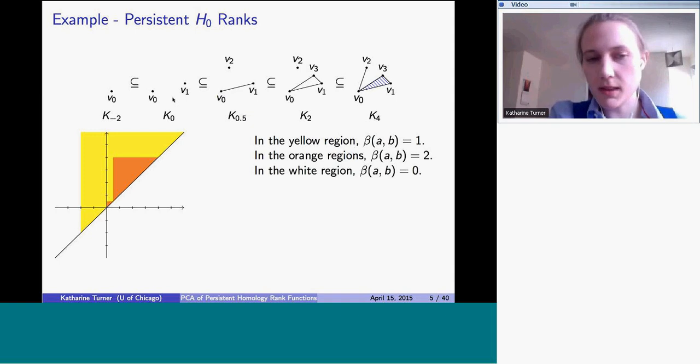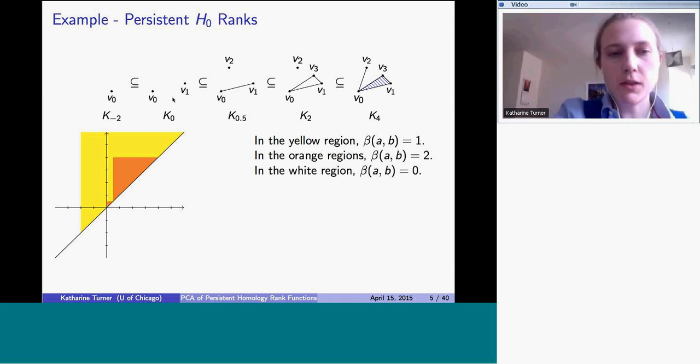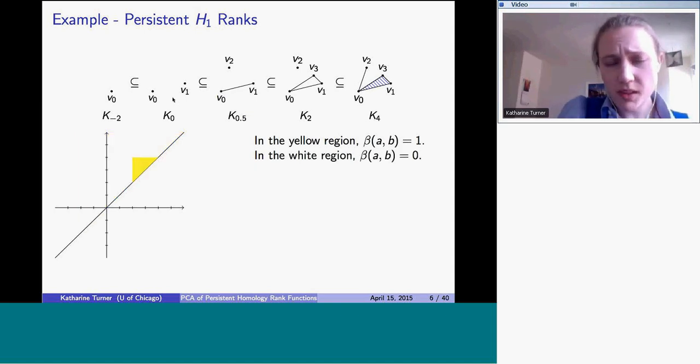The colors here correspond to different numbers. H0 gives you the connected components, so it will contribute that big yellow region. Similar idea for H1. Here there's only one interesting persistent H1 class. So you've got a function which is zero almost everywhere, but over a triangle it equals 1.